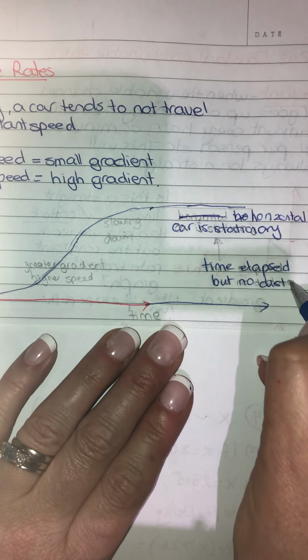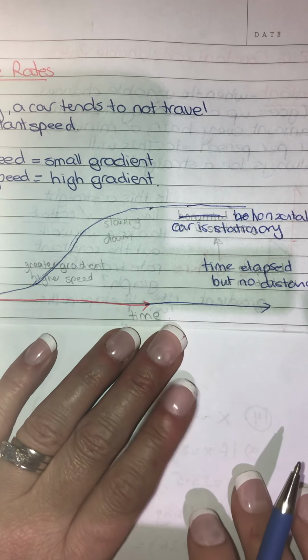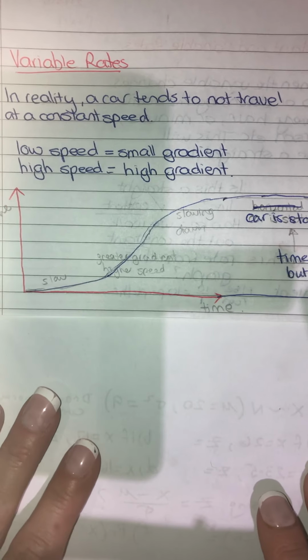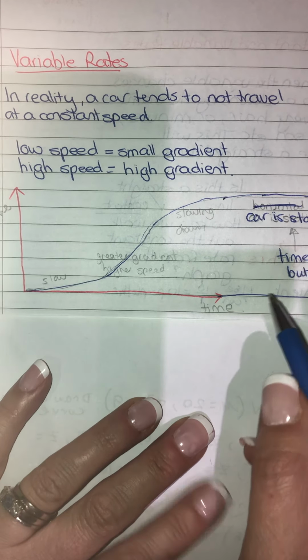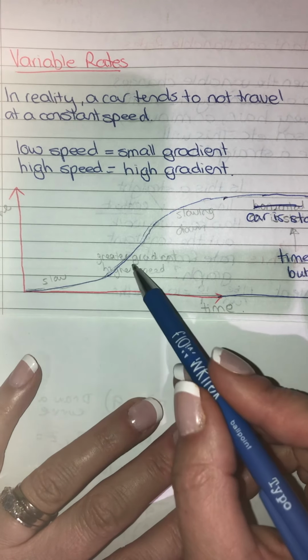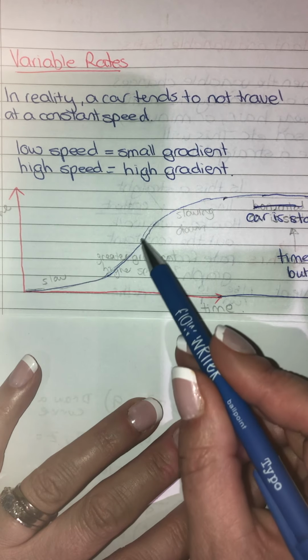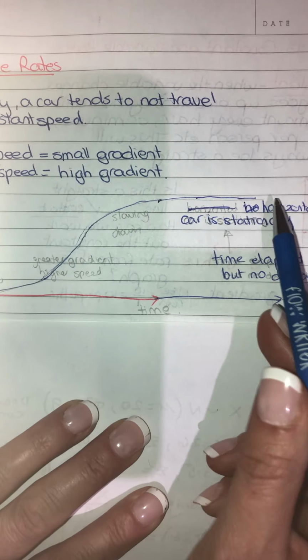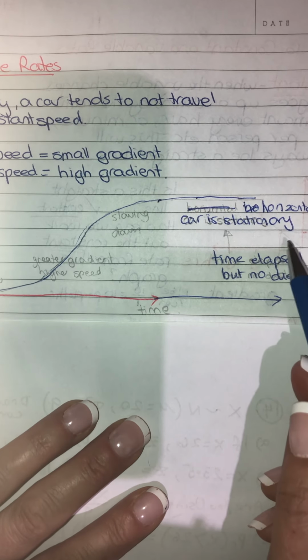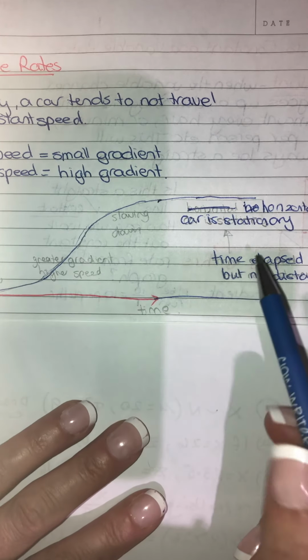I really think that I wrote vertical. So I'm sure you're all screaming at your computer saying, no. Okay, so here we've got slow, greater gradient, higher speed, slowing down, and then when you get to the horizontal line over here, you have stopped. The car is not moving. So that's a really good one to know.